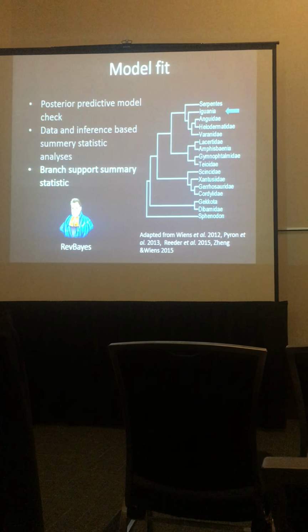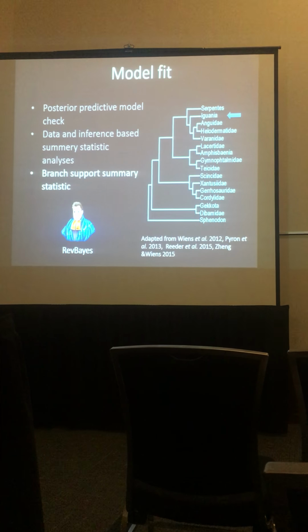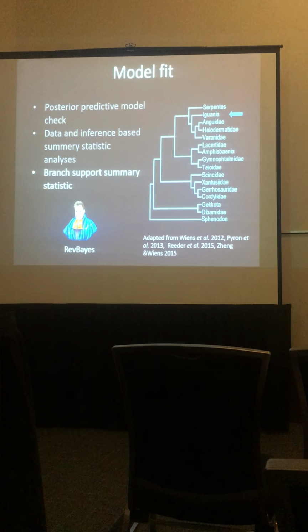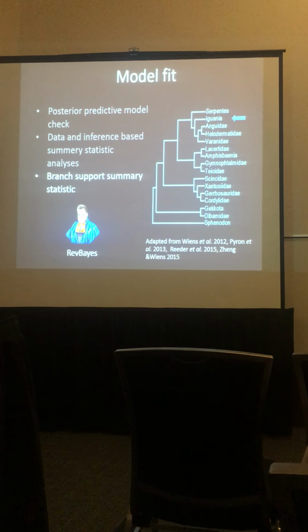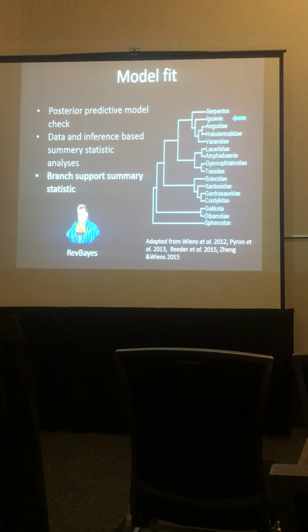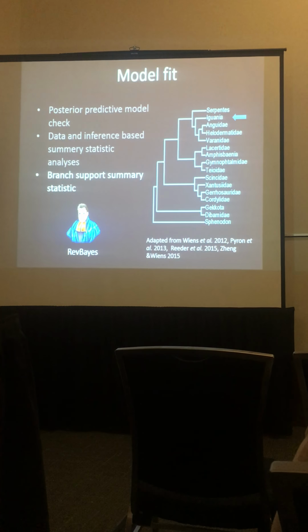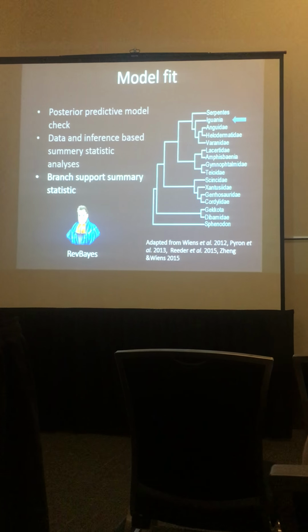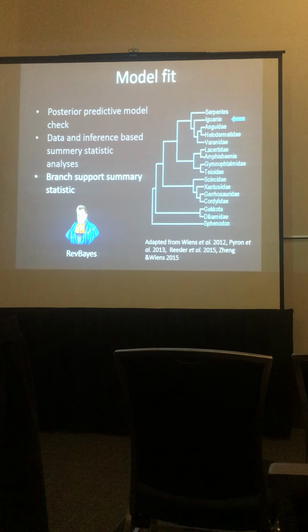And I'm also interested in looking at a summary statistic that's being developed in the lab, looking specifically at branch support across trees, and using that as a summary statistic, especially in the case of Iguania, just to see if there is consistent support across gene trees and if that correlates with model fit.